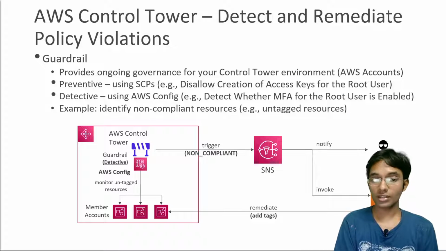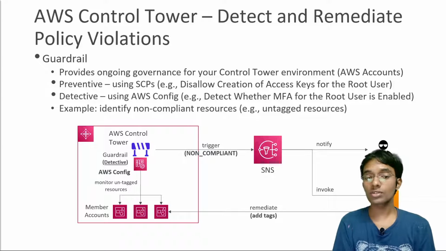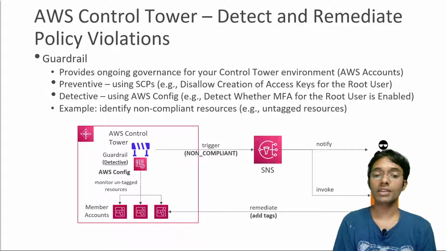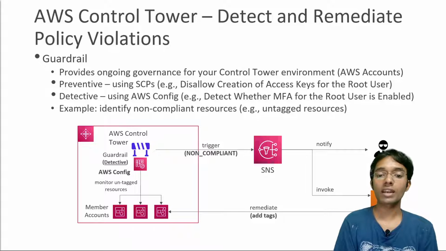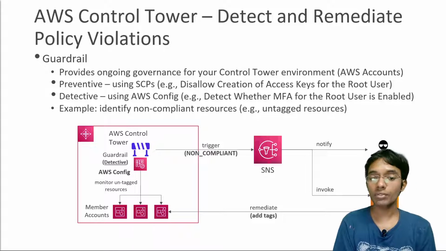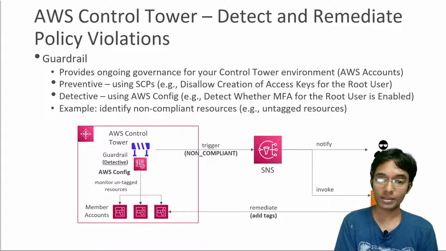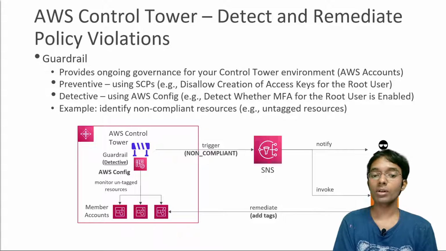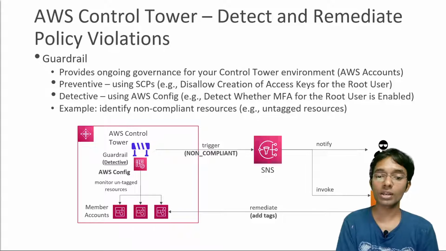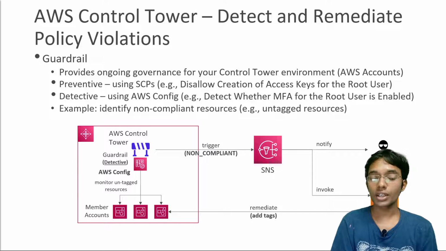Now there's another thing with Control Tower called guardrails. This is used to detect and remediate policy violations, giving you ongoing governance. You have two kinds of guardrails. You have preventive guardrails, where you use SCPs, for example to disallow the creation of access keys for the root user.